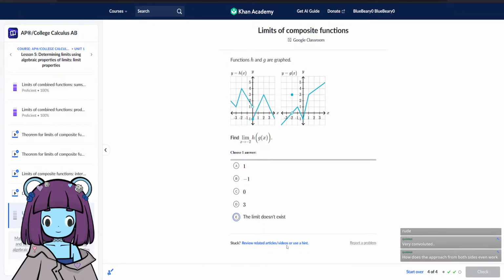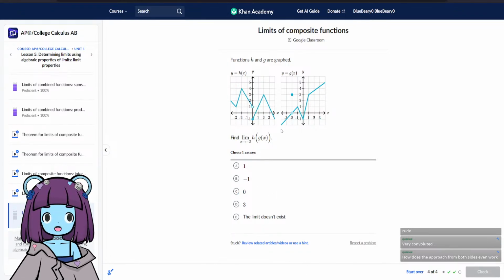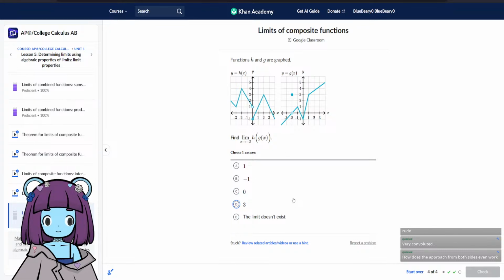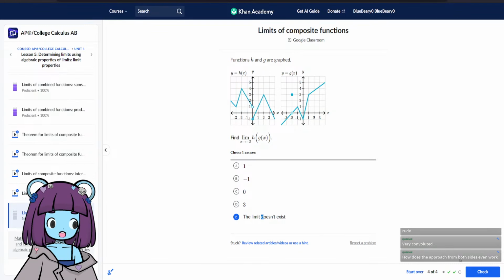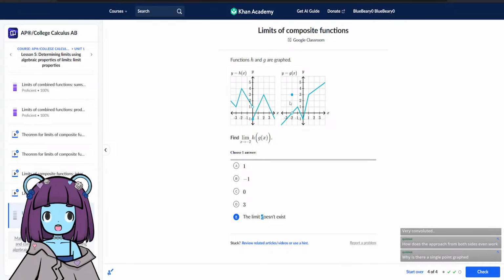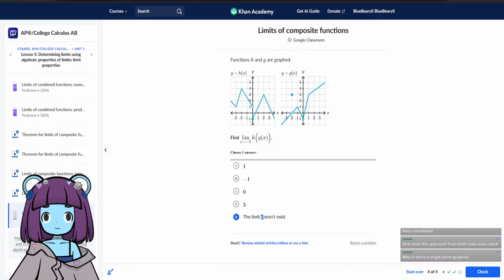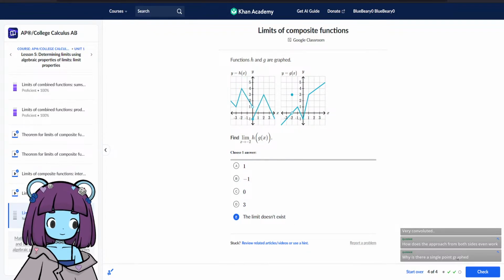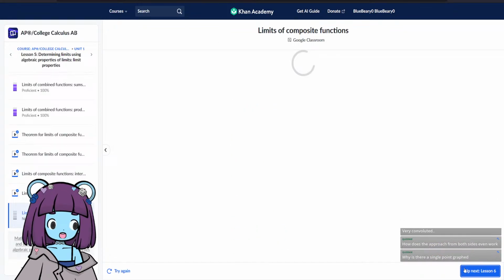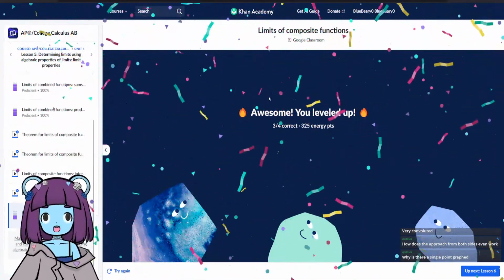It's a piecewise function, so try it from... Does that also does not exist? Why is there a single point graph? Like here, because the actual value of g of x when x equals 2 is 3, but that is not the actual limit of it. Yeah. Oh, I think it does not exist. Alright. Well, I still got it right.